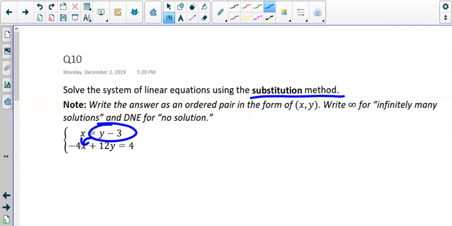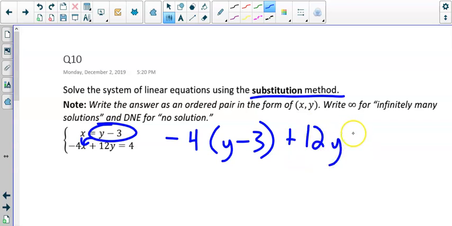So we're going to have negative 4 parenthesis y minus 3, because that's what x was, plus 12y equal to 4. And now all we got to do is solve for y. So what are we going to do first? Distribute.